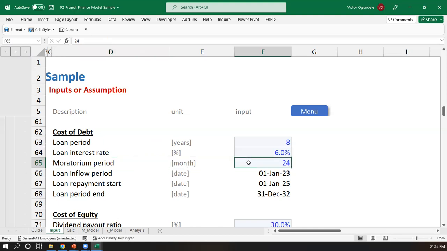So during that 24 months, we are not going to be paying any interest or principal, but it's as good as we are accruing it. It will be calculated as if you're supposed to be paying this, but you are not, because we are giving you a grace period, but the interest would be capitalized and added.